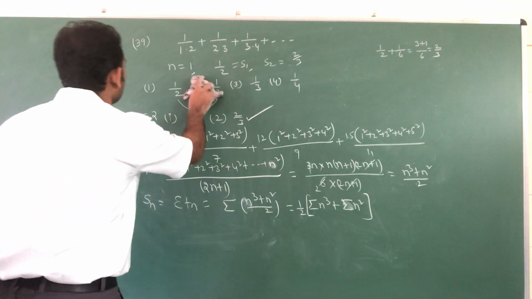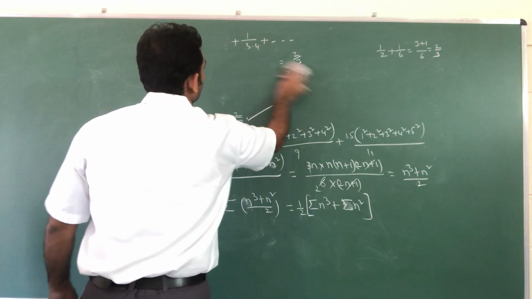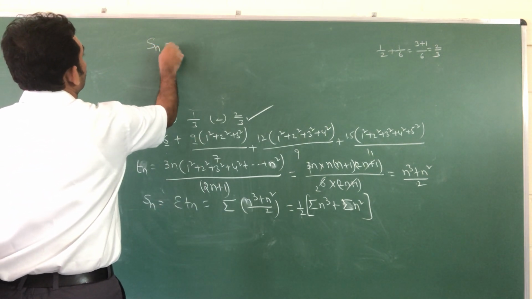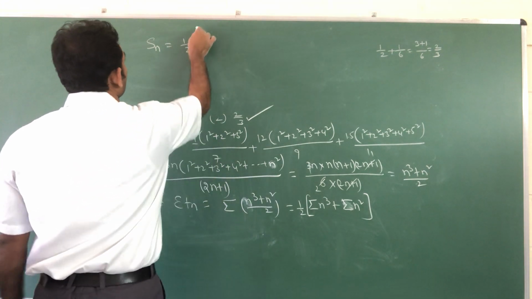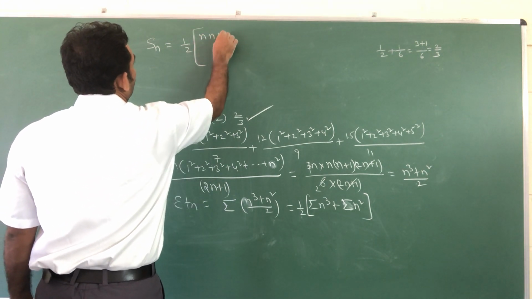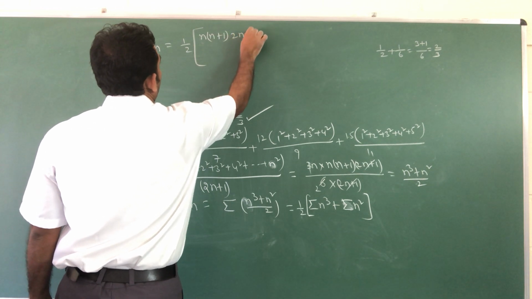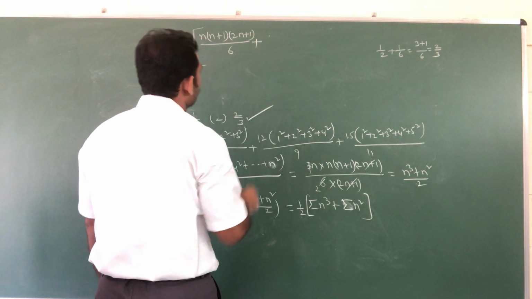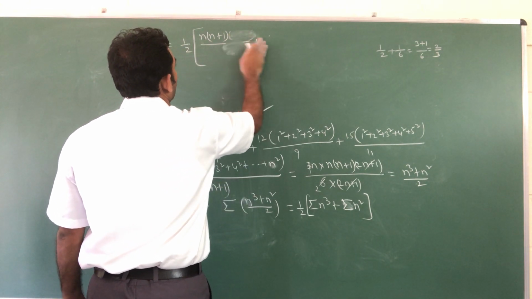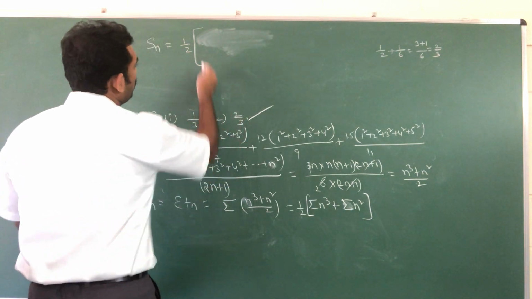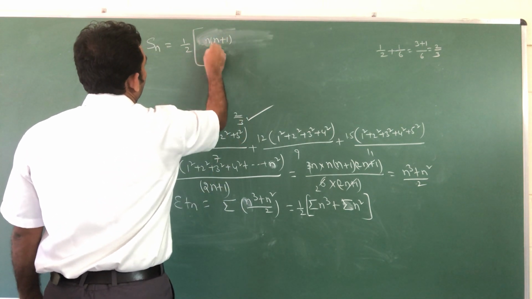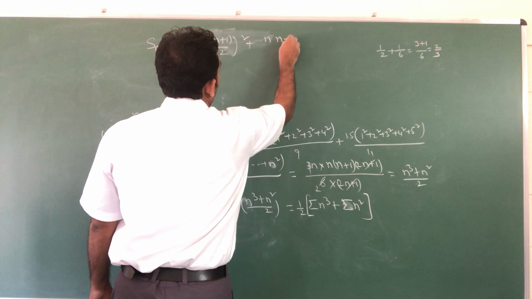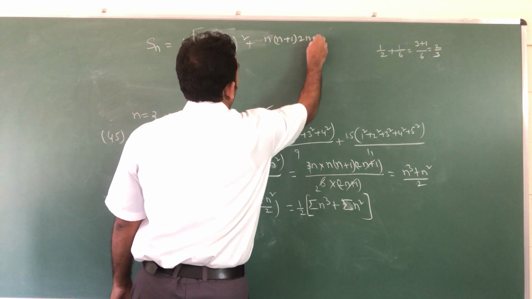Expansion you see: 1 by 2 of sigma n cube, which means n into n plus 1 whole divided by 2 whole square, plus sigma n square, which means n into n plus 1, 2n plus 1 divided by 6.